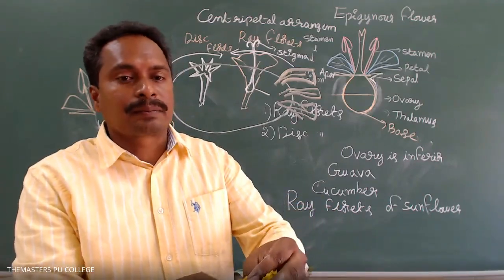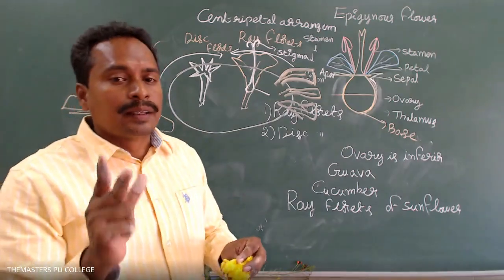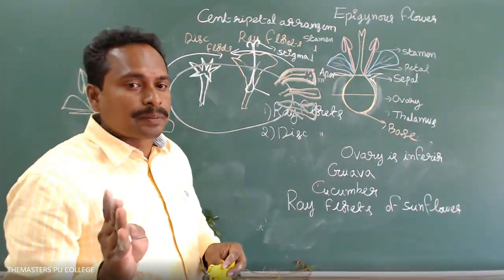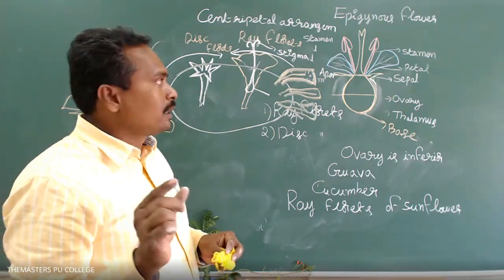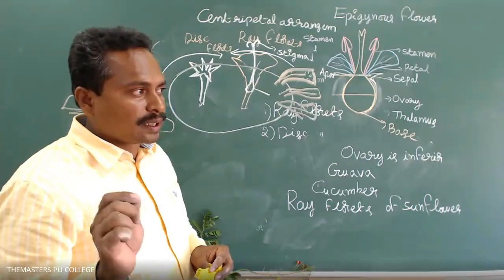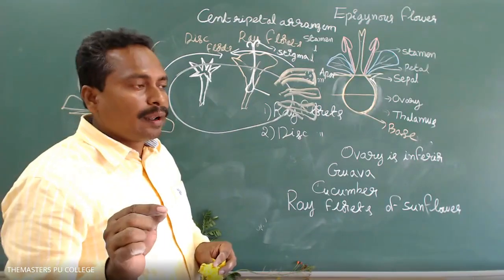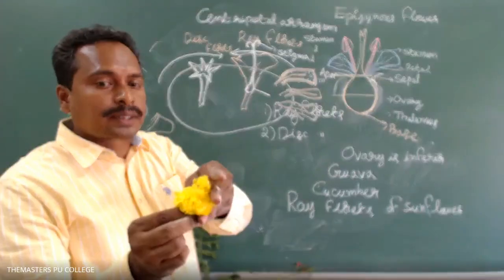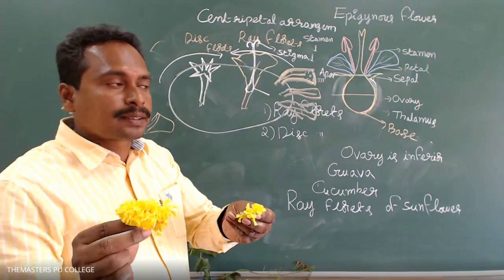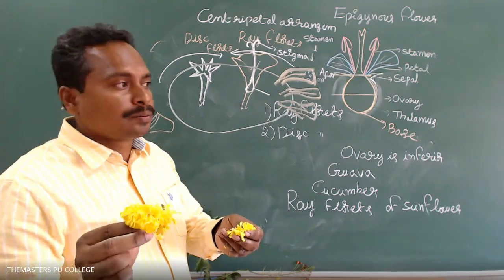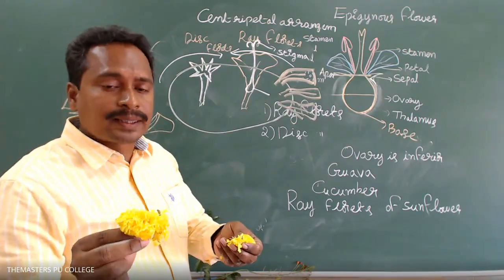So as per NCERT, the given types of inflorescence, arrangement of the flowers, are only 2 types: racemose and cymose, acropetal order and basipetal order. Whereas in this inflorescence, it is centripetal, whether it is in sunflower, marigold, or chrysanthemum.